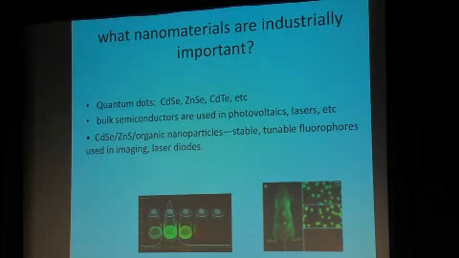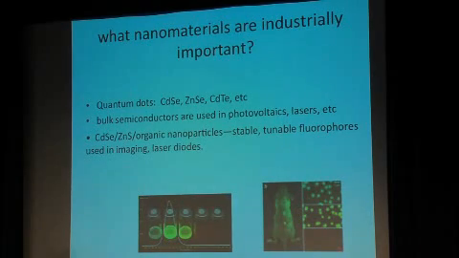And so the bulk semiconductors are used in photovoltaics and lasers. The quantum dots are used as stable, tunable fluorophores. And they're fairly popular now for use in various imaging applications. So you can buy kits now so that you can attach quantum dots to an antigen or an antibody of your choice and use that to interact with a cell as a stain.